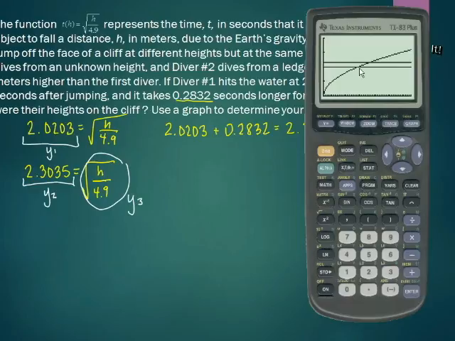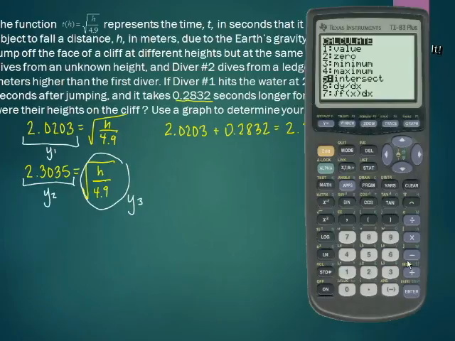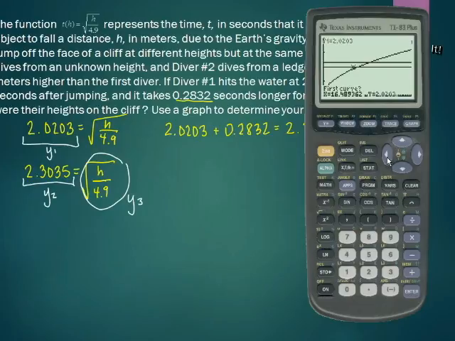Let's find diver 1's time here, which will be the first line intersection with our curved line. So I'll press second trace, then intersect, and then I need to go to the left of that intersection, press enter, and then go to the right of it, making sure to be on the line that is curved, which is our square root function.